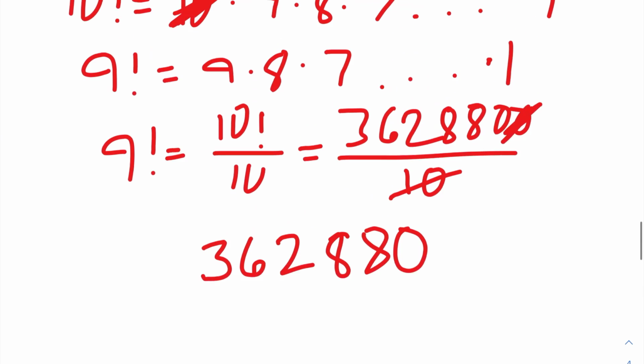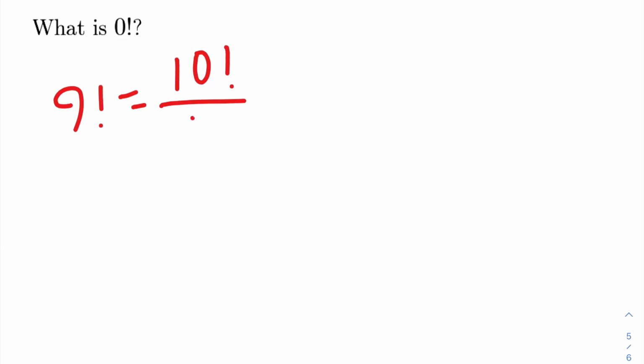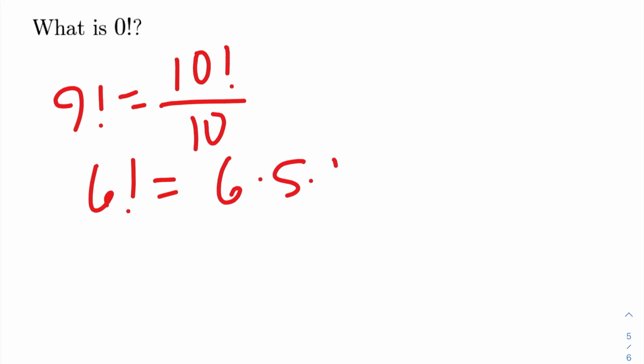What is 0 factorial? So we saw up here that 9 factorial is the same thing as 10 factorial over 10. Now before we answer this question, let's look at some more examples similar to this one. We know that 6 factorial is equal to 6 times 5 times 4 times 3 times 2 times 1.